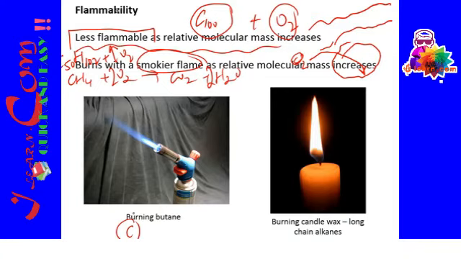So take a look here. Butane torch, you're burning C4H10. Small molecule, easy to burn, and easy to burn completely. Candle wax, on the other hand, is long chain alkanes, very large Mr. So as a result, it burns incompletely. And during this incomplete combustion, it gives rise to carbon dioxide, carbon monoxide, and soot.